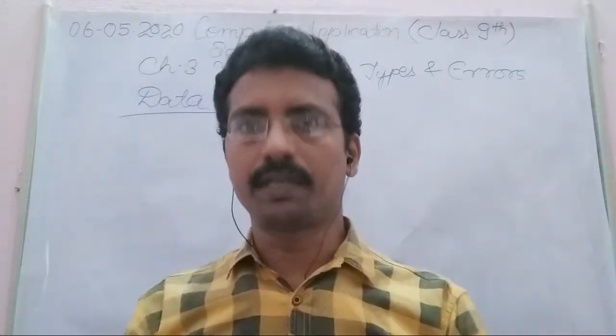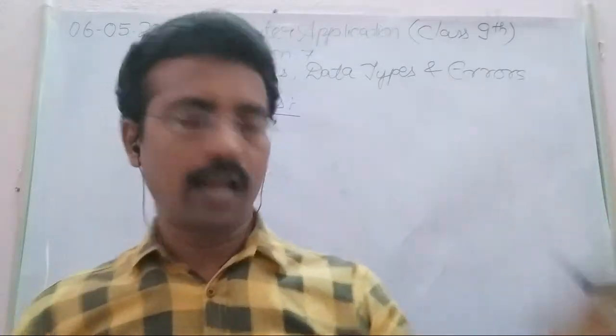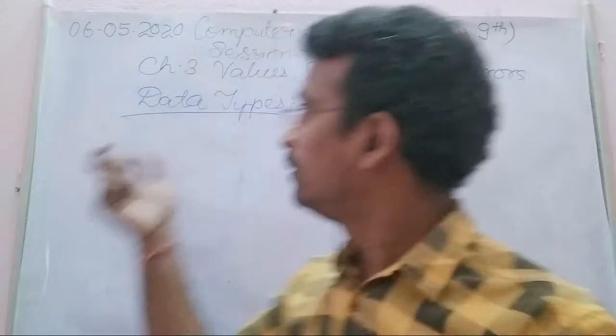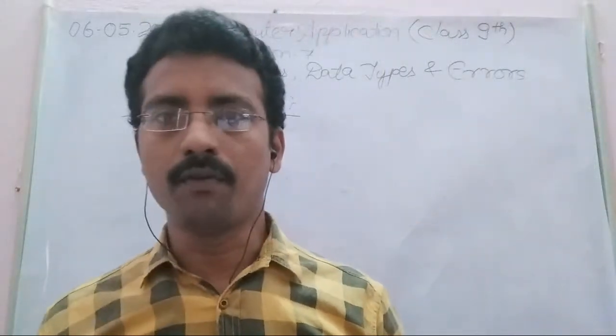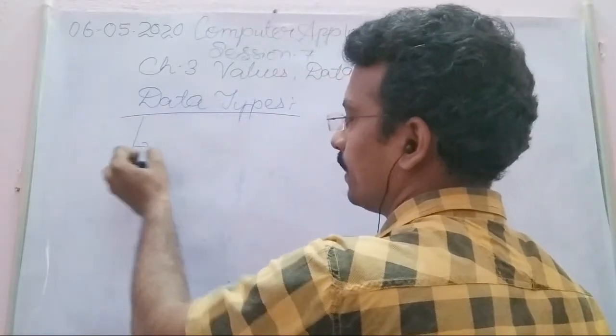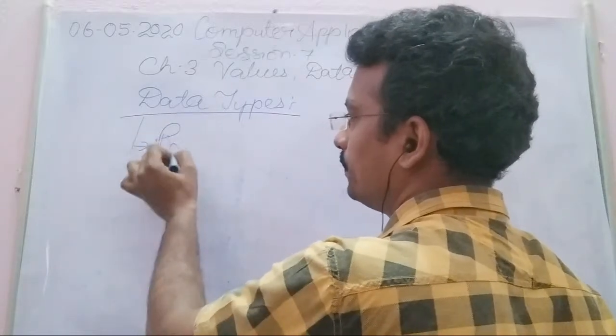Data types represent the type of data. The type of data used in the program we write is represented by the data type. Further detail we will see today. The first category of data type in Java is primitive.